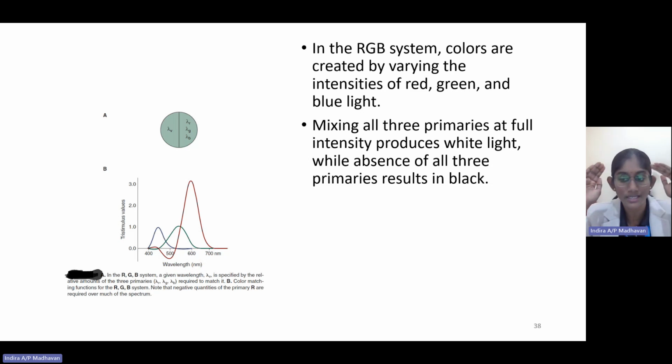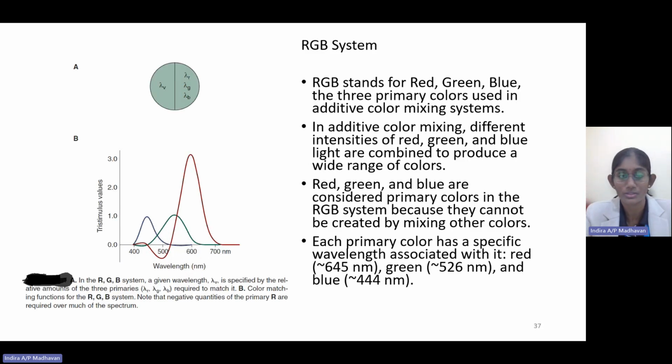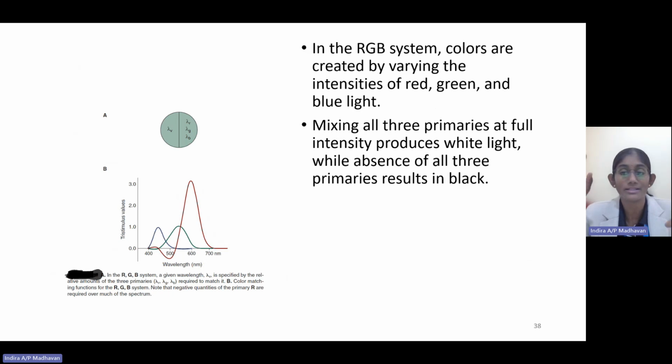Basically, in this RGB system they started off using the three lights. The wavelength is maintained as I mentioned, 645, 526, and 444 nanometer. The intensity is what is adjusted to match the color.